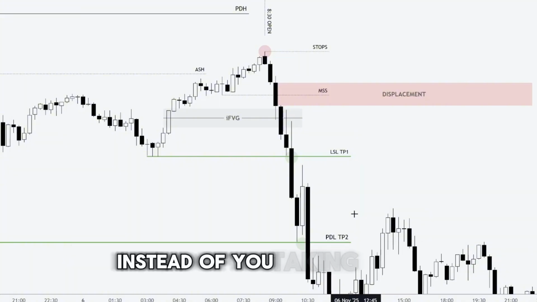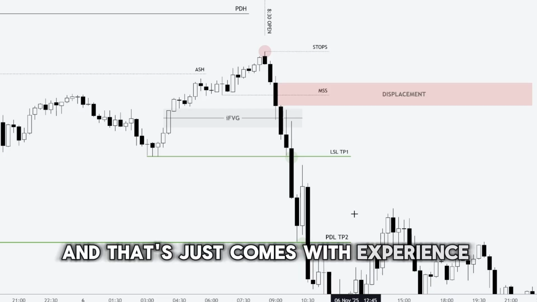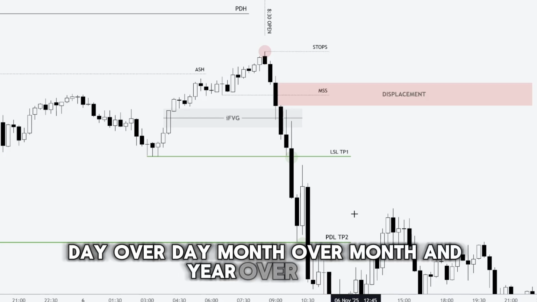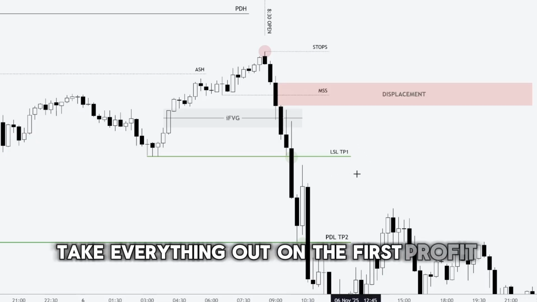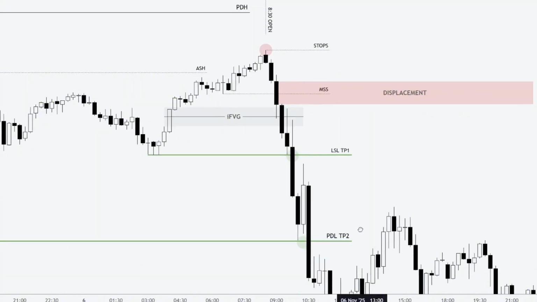Instead of you taking profit, now you're taking on a loss. And that just comes with experience of being in the markets day over day, month over month, and year over year. So what you do is take everything out on the first profit-taking opportunity and you study the rest.